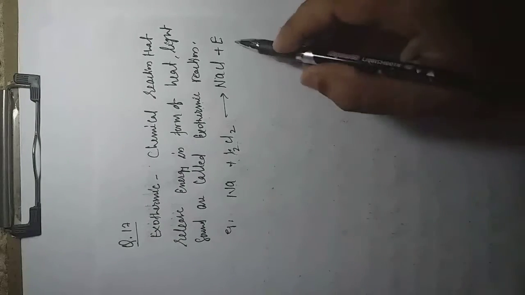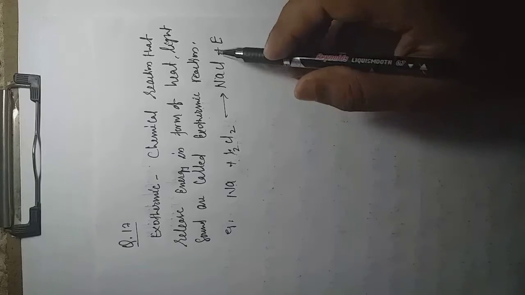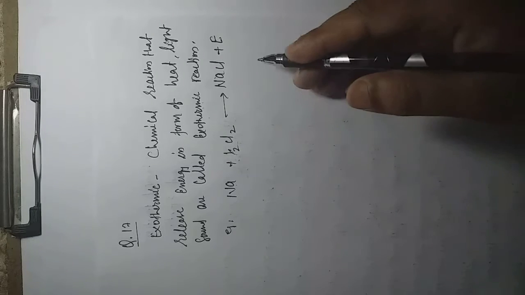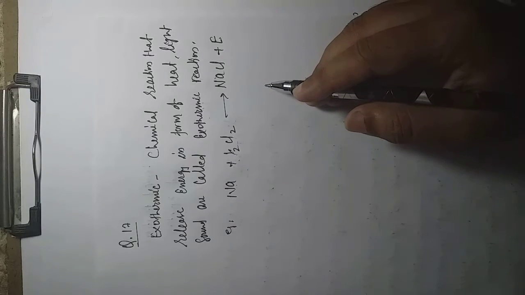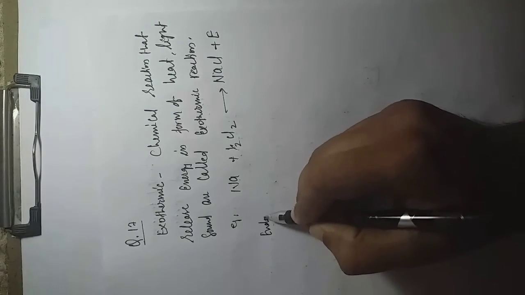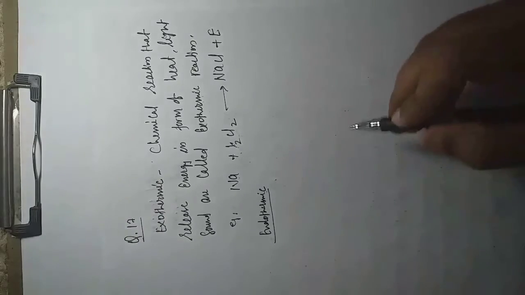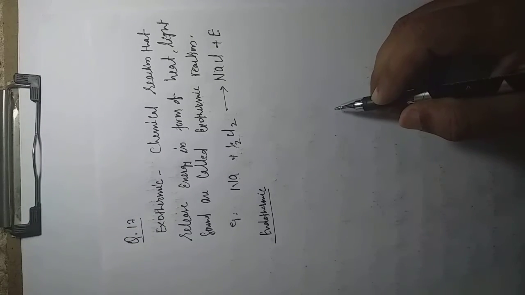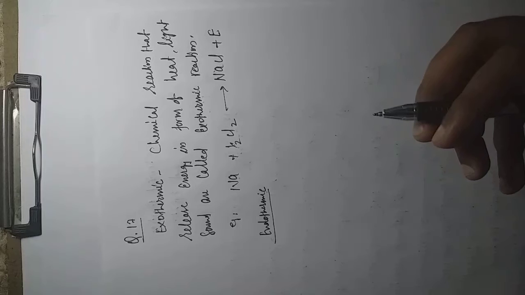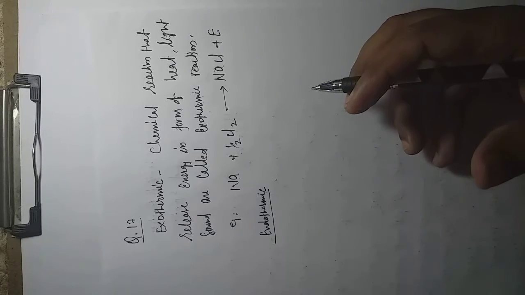This amount of energy signifies the nature of the reaction is exothermic, plus energy signifies the exothermic nature. Next is the endothermic definition. Endothermic reaction is a reaction that absorbs energy or requires energy in order to proceed.